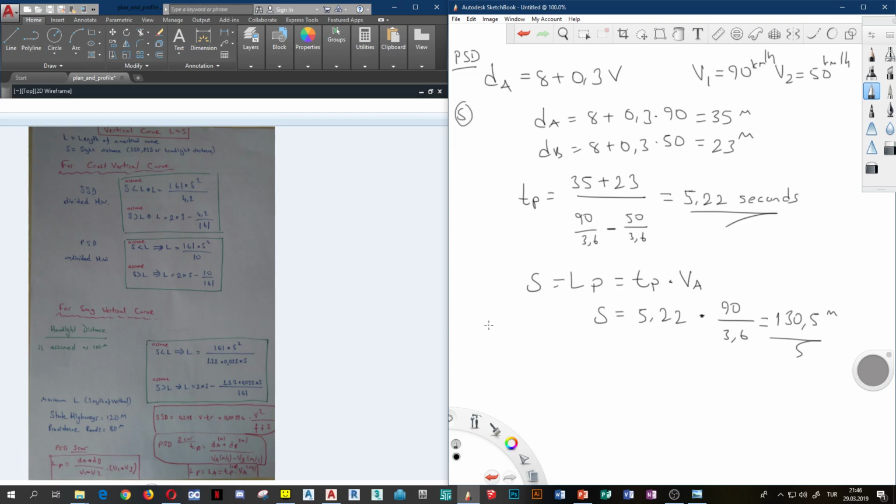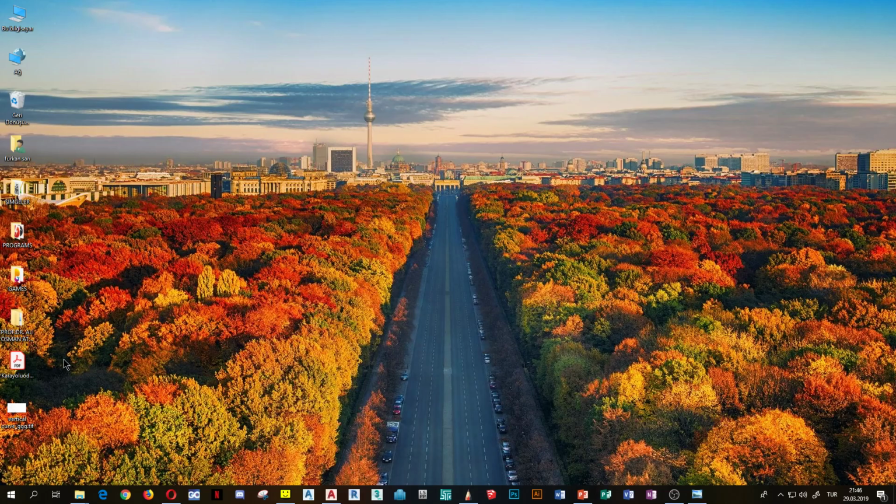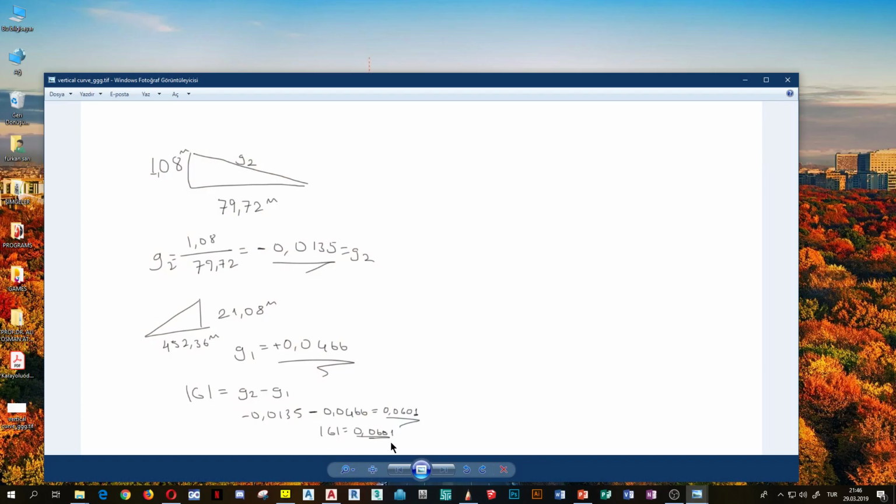For the crest curve, the first assumption is S less than L. We want to calculate the vertical curve length L, and under the first assumption S less than L, L is equal to G times S squared divided by 10. What is our G? I saved it. G is 0.0601.